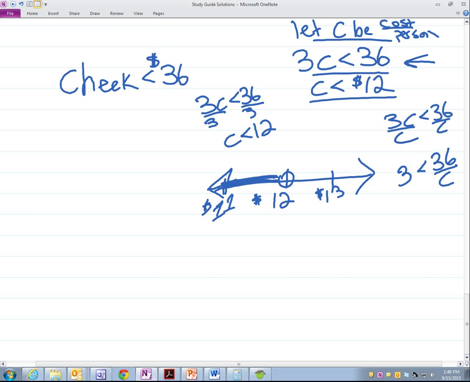But let n be a number, and you're going to have 4n is greater than 76, or 4 is greater than 76 over n, or whatever variable you chose. We're on number 48. The answer is n is greater than 19.